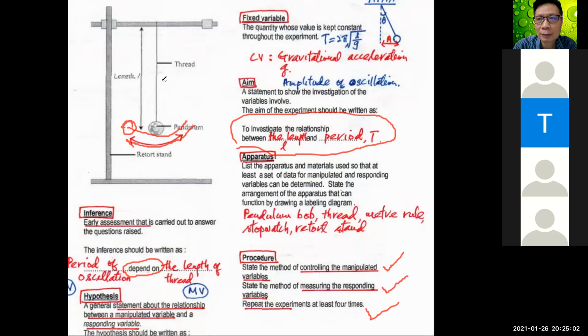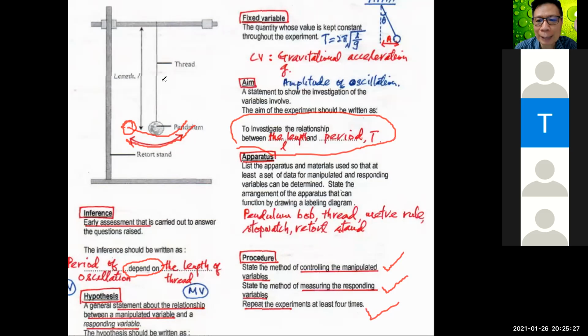Okay? So for every thread length, 30 cm you need to do 2 times and find the average time. At least 2 times for 30 cm, and 40 cm also 2 times, 50 cm also 2 times, so it's troublesome. Hey, understand or not?